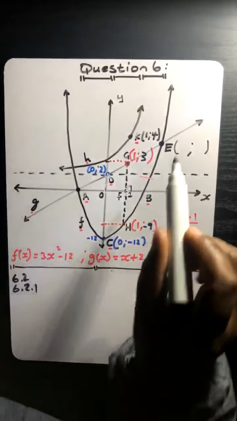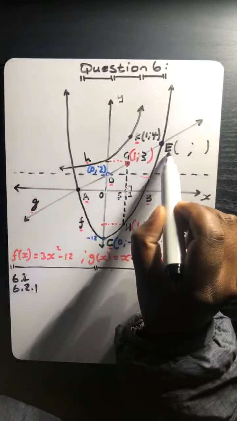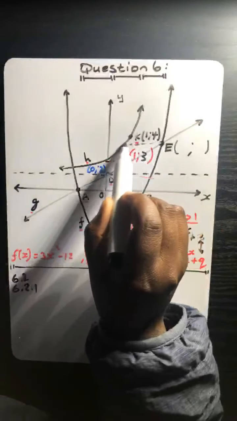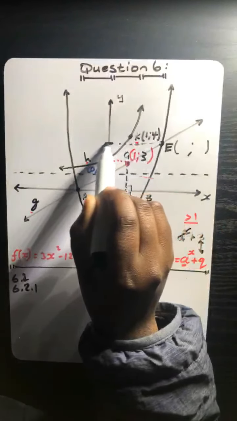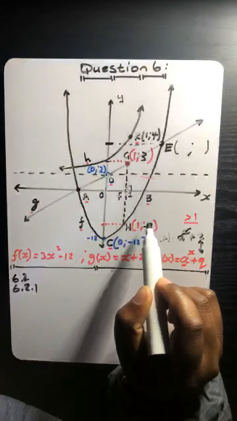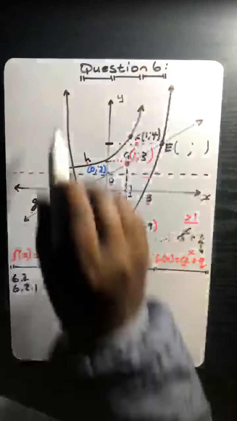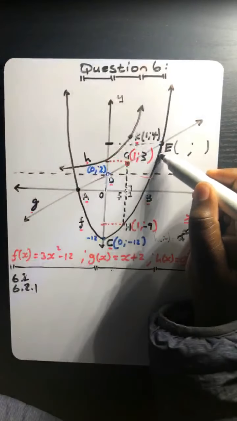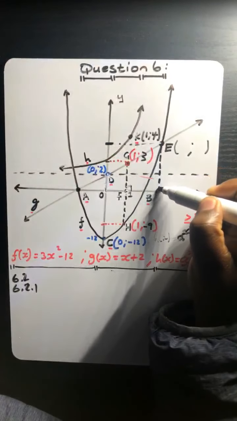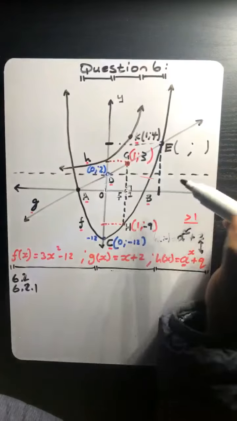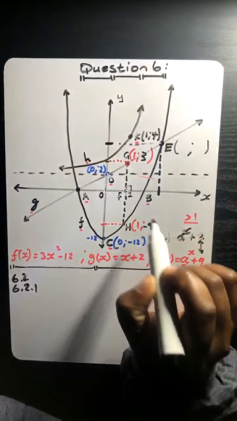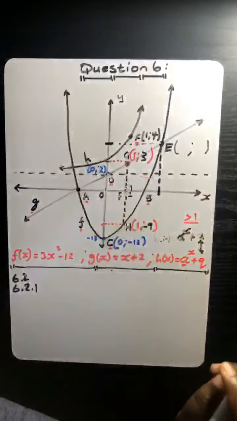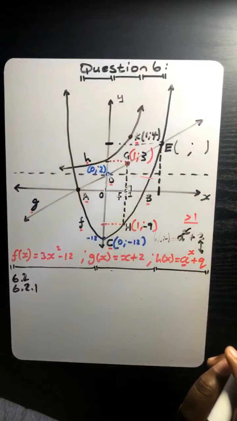So that means at point E, that y value there is actually the same y value for this and also for the straight line. And then the x value also is the x value for the straight line and for that parabola there.